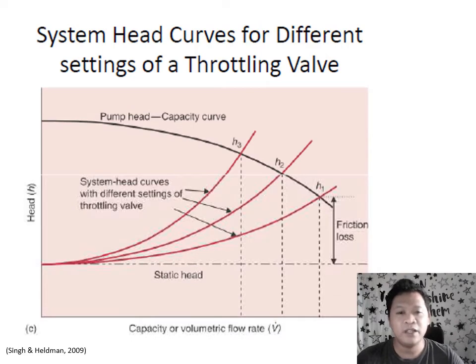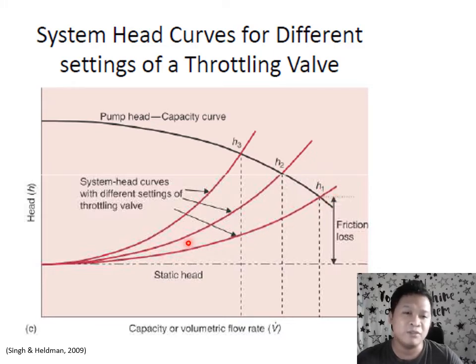So on the other hand, when you regulate the throttling valve, which is basically yung opening na dinadaluyan ng tubo na nag-restrict ng flow, parang sa gripo lang, di ba yung valve ng gripo, nag-change din yung system head curve. So this one is, for example, fully open.